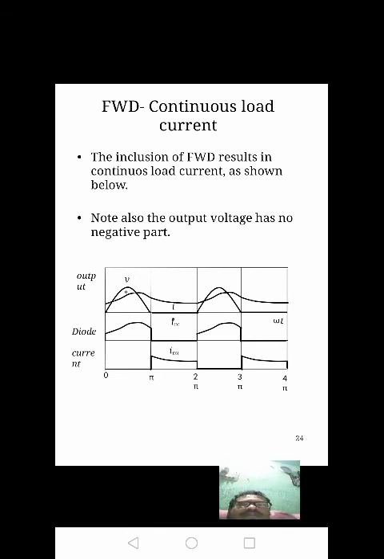In the previous case, due to the inductive nature, the waveform goes negative also. During the negative half cycle there is a current, but here the negative part disappears. That's why it will improve the power factor also. That is the main advantage of the freewheeling diode.